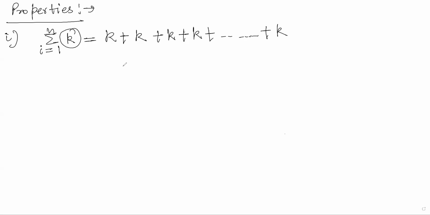Whatever value you put for i, you won't be getting any value other than k for the function. So this will be n times, which can be generalized as k into n. In fact, write it as k into the number of terms of sigma.